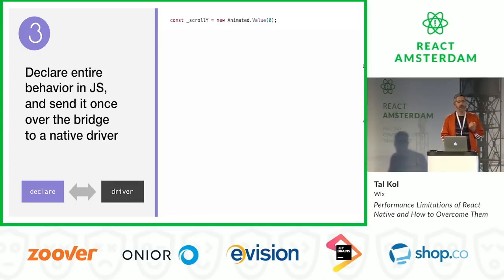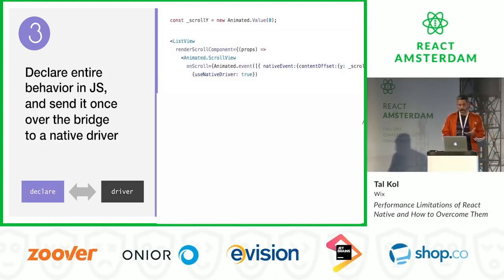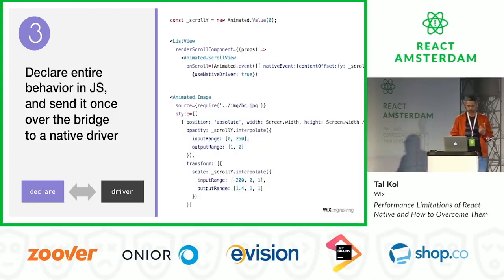It uses the excellent Animated library that is part of React Native Core, which works by using animated values. And what we will do is we will supply to the list view, this time, not a regular scroll view, but an animated scroll view. The animated scroll view is special because it allows us to hook up the scroll position to the animated value.